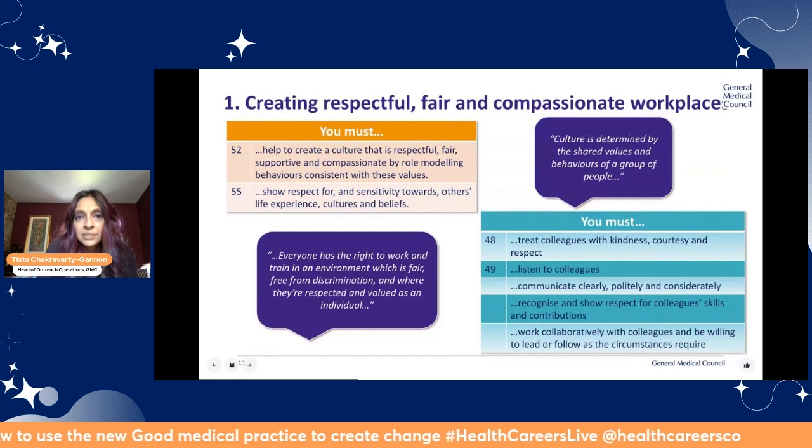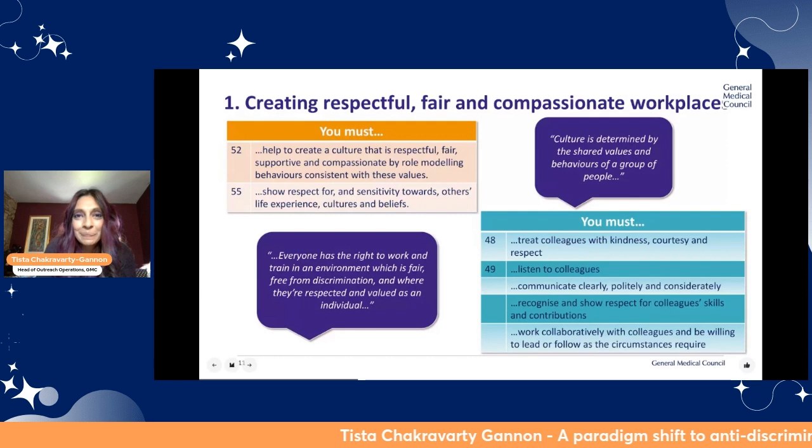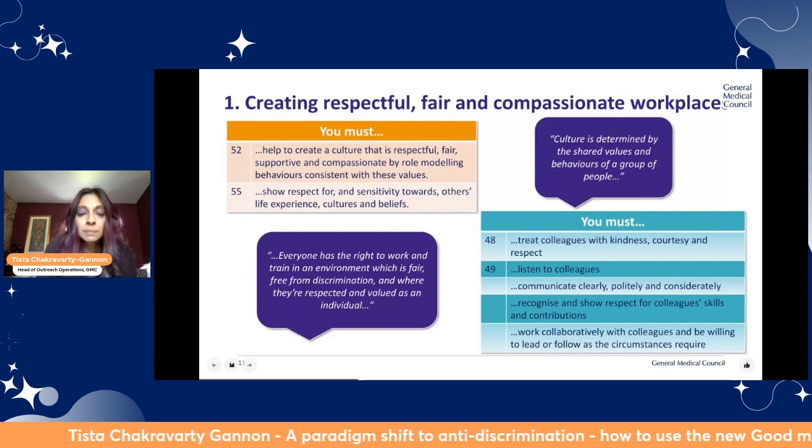So as I say, 48, treating colleagues with that kindness, courtesy and respect because we deserve it. We're all human. We're not going to be perfect all the time. But as I say, the standards recognise that. But this is what we should be doing.